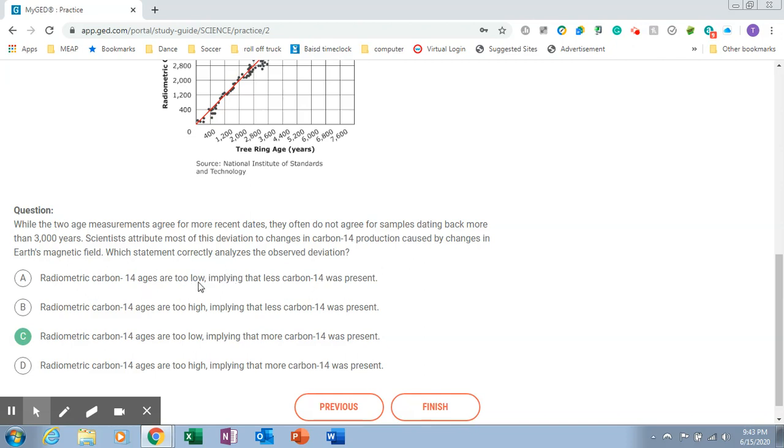If the carbon-14 ages come in too low, this implies there's less carbon-14 present. Well, if there's less carbon-14, that would indicate an older organism. And if there's more carbon-14 present, that's a younger organism, because we lose carbon-14 as something gets old.